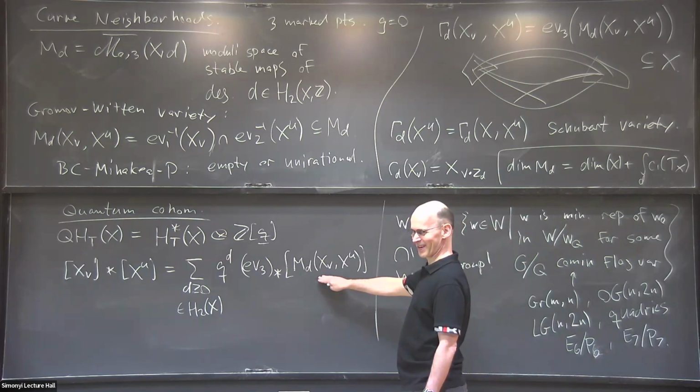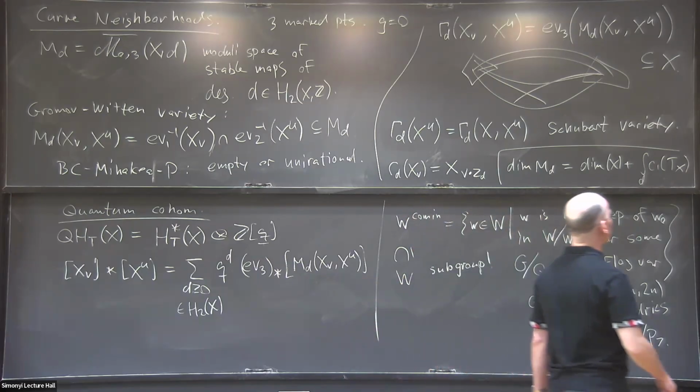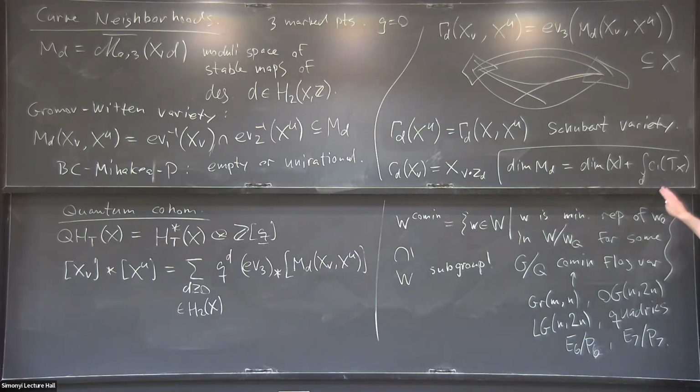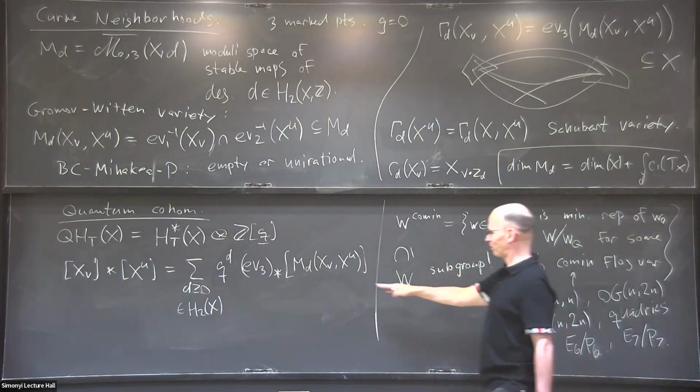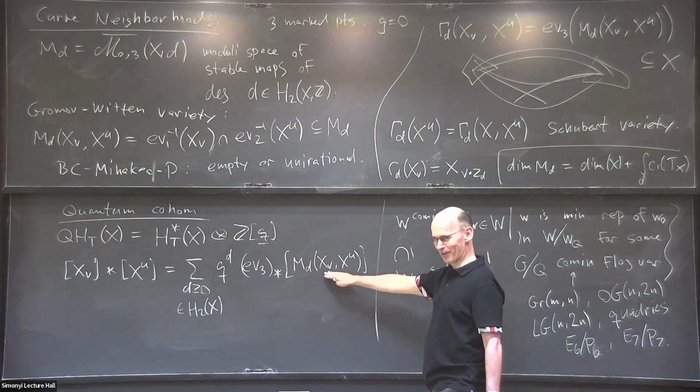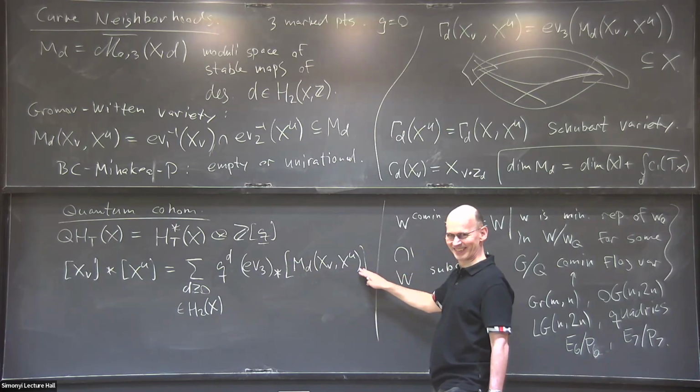That's right. But what you wrote there is that the dimension of MD is always at least the dimension of X. So it looks like you would always get. This is the dimension of the whole moduli space. Oh, the whole one, not the. This is the variety where the points have to go to the Schubert varieties. Yes.